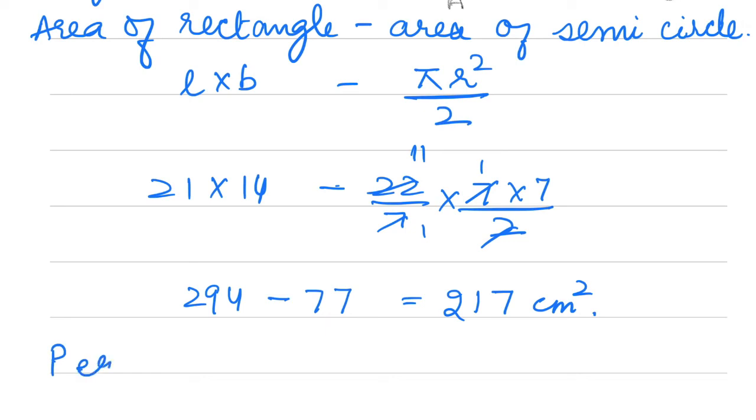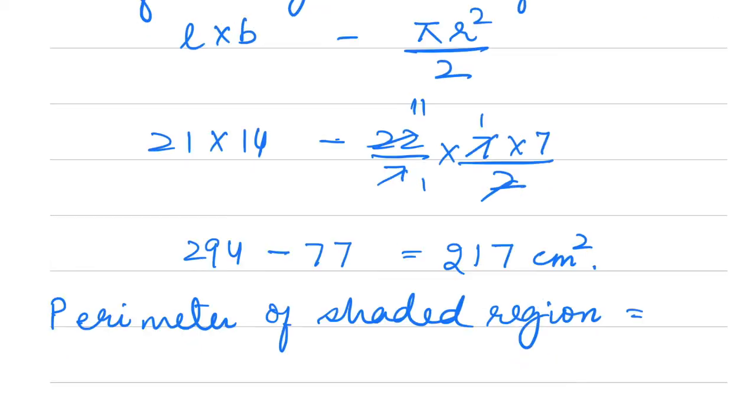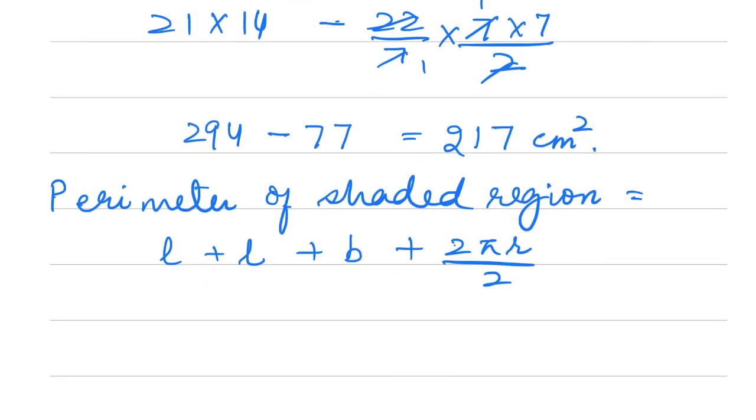Perimeter of shaded region, length plus breadth plus perimeter of semicircle. So 2 pi r is the perimeter divided by 2. So length is 21 plus 21 plus breadth is 14 plus, 2 gets cancelled, 22 by 7 into radius is 7.